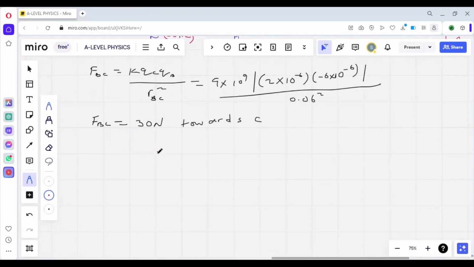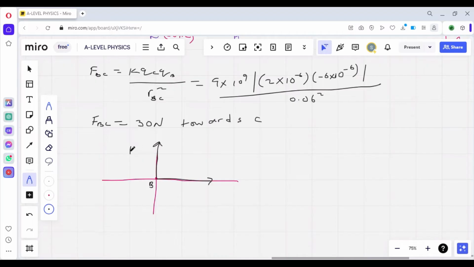If this here is our x-y plane, then we have a charge at point B. So if this is B, then we have a force to the right and a force upwards.